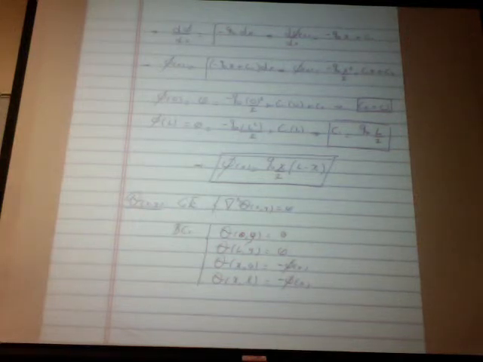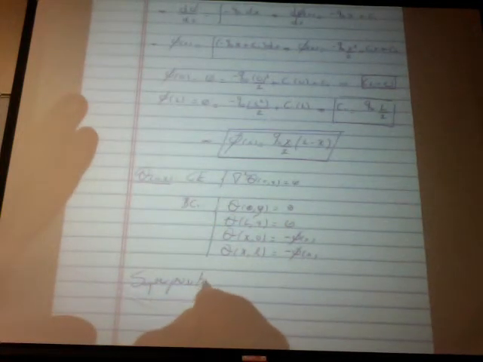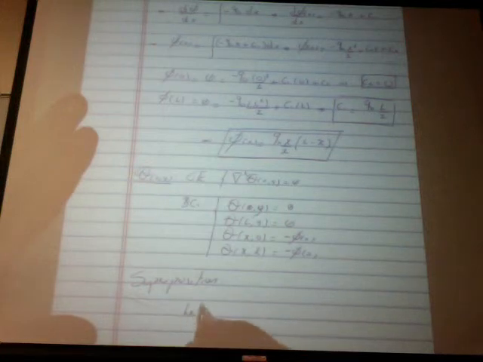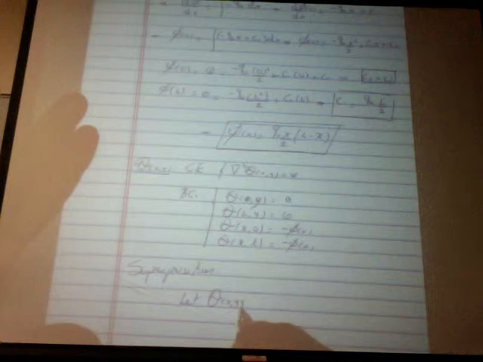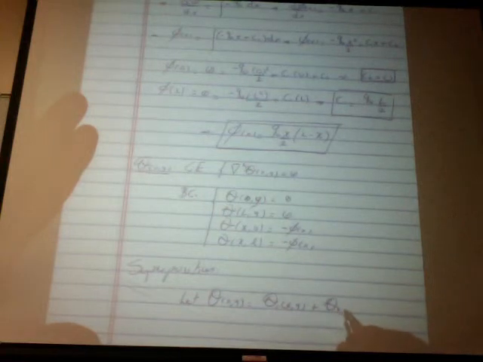We have to use superposition. So, superposition, let theta of x and y be equal to theta 1 of x and y plus theta 2 of x and y.